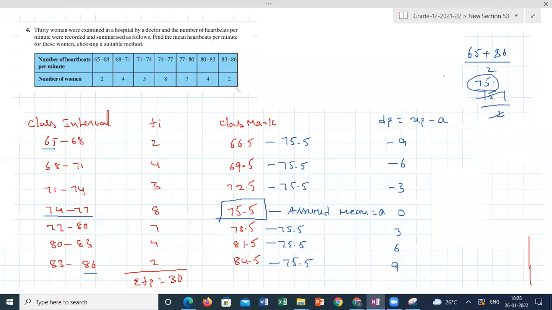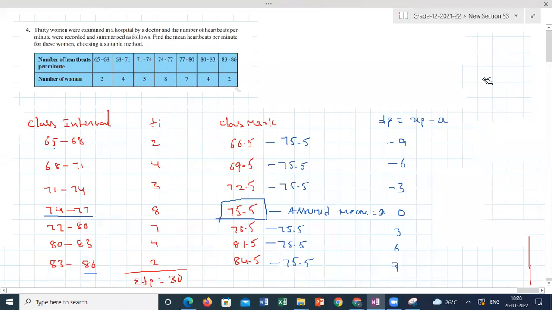Once I got the di values, it's very simple to take the next step. fi di: 2 into minus 9 is minus 18, 4 into minus 6 is minus 24, 3 into minus 3 is minus 9, 0, 21, 24, 18.